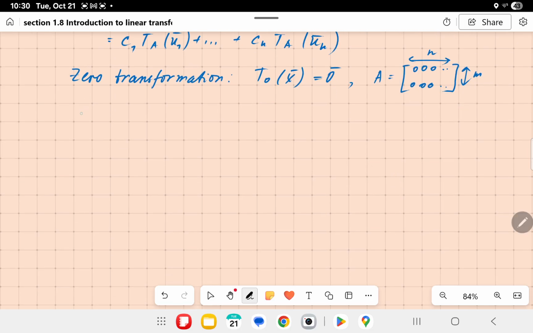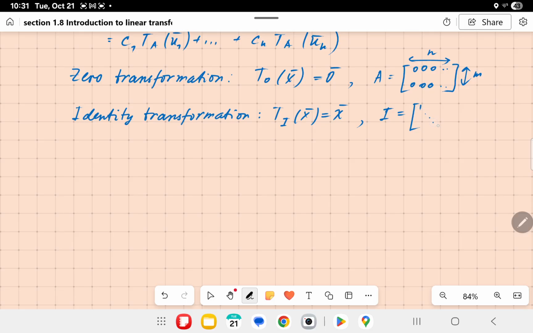Okay, more special transformations. Identity transformation. What is the identity transformation doing? It takes vector x and returns back the same vector, right? What is going to be the matrix? The matrix is going to be the identity matrix: ones on the diagonal, zeros elsewhere.